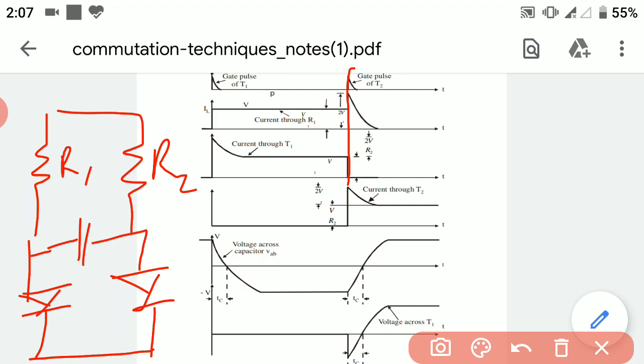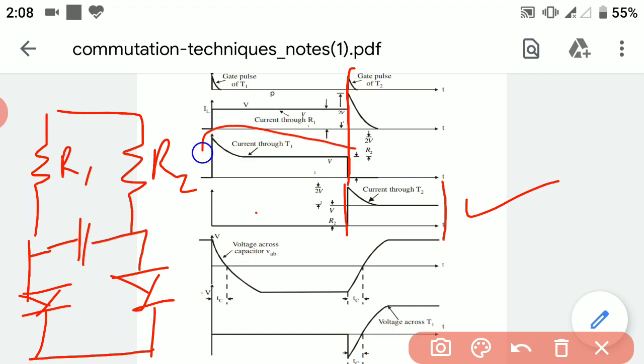Now in the next phase you can observe that this is the current flowing through the thyristor T2. Here there is no current due to T1, it is empty here.